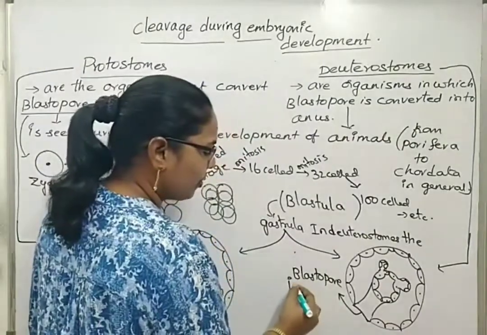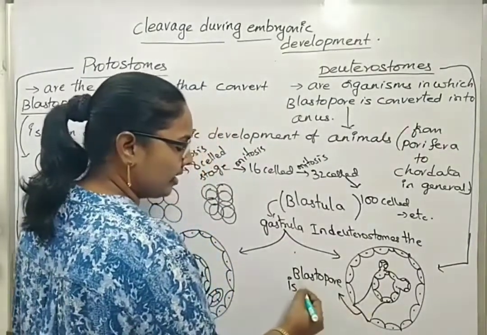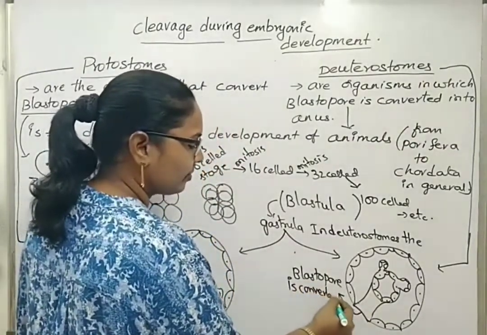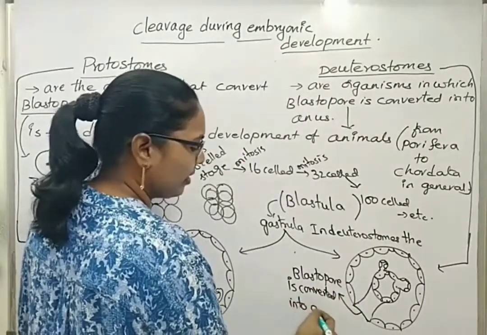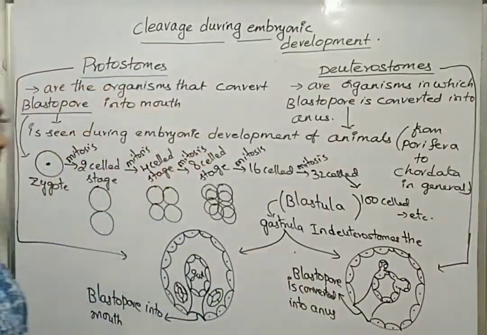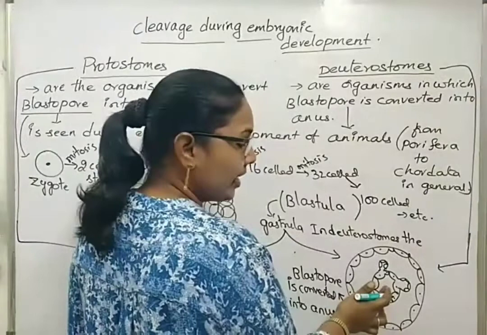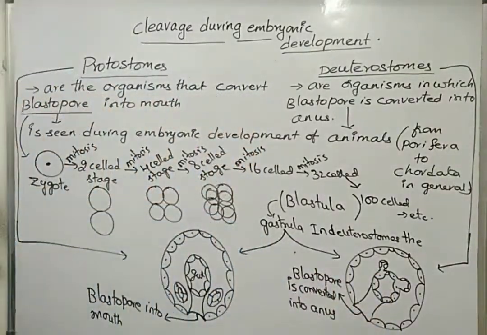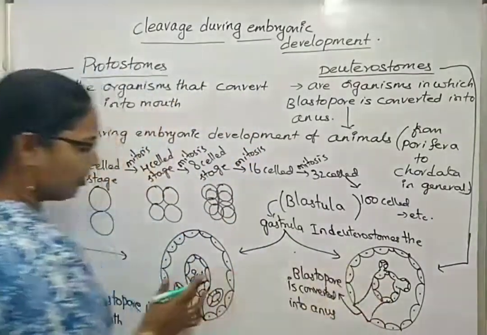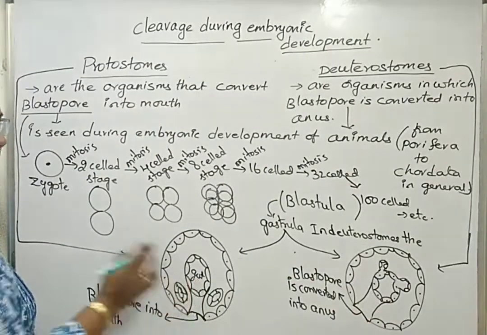Now here blastopore, which is entry of the gut, is converted to anus. Such type of organisms are called as deuterostomes. Now, this structure we are giving a term here as archenteron. This is normally what we call gut.